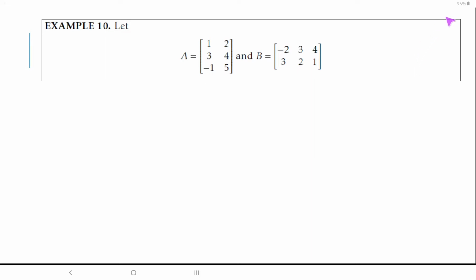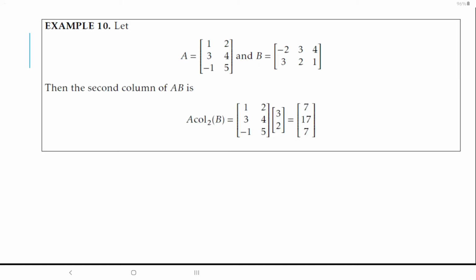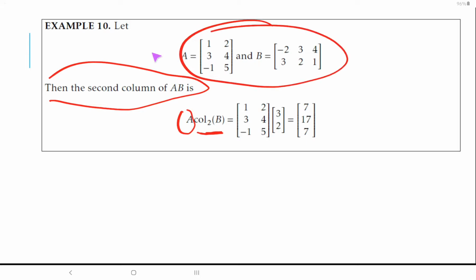Okay, here we have another example. We have here a 3 by 2 and then a 2 by 3 matrix. So matrix multiplication is possible. In this case, we only want to find the second column of AB. We do that by multiplying the matrix A with the second column of B. We do not need to perform the whole matrix multiplication.